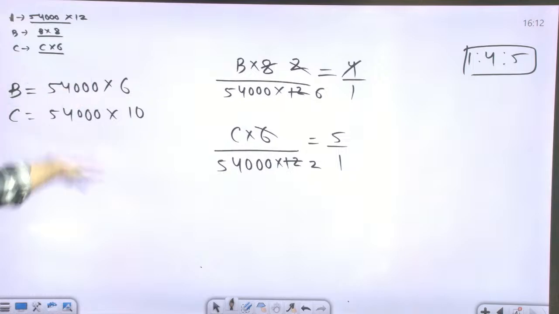Whose share is bigger? C, obviously, because this is 54 six times, this is 54 ten times, and we have to take the difference now.